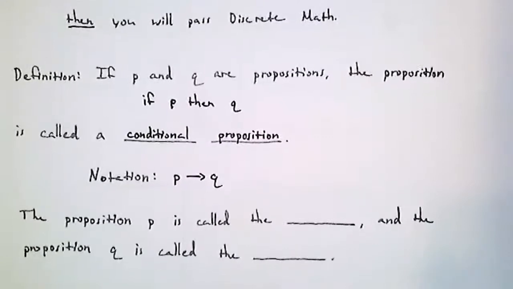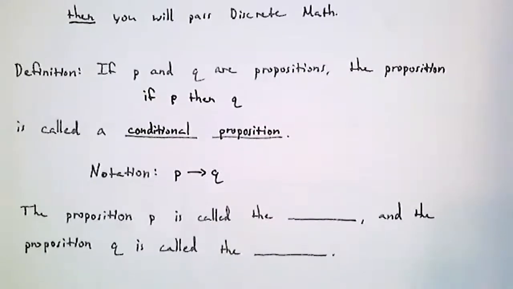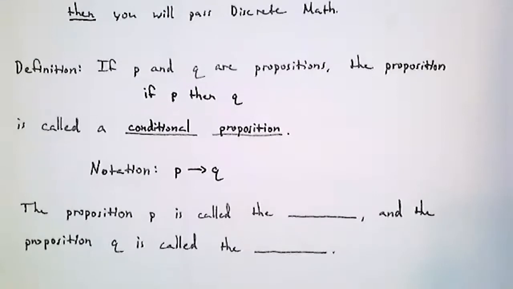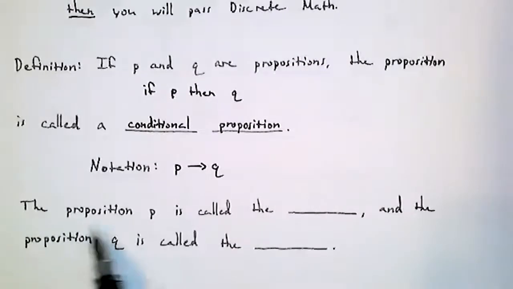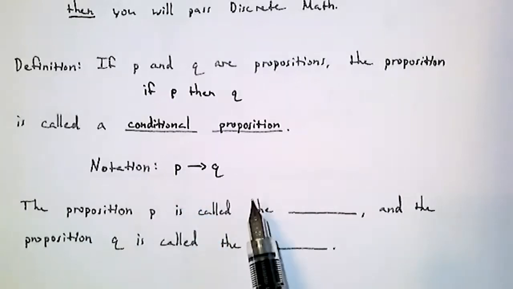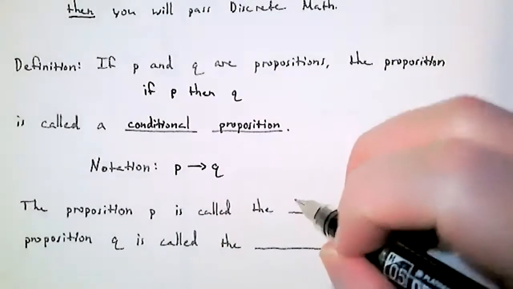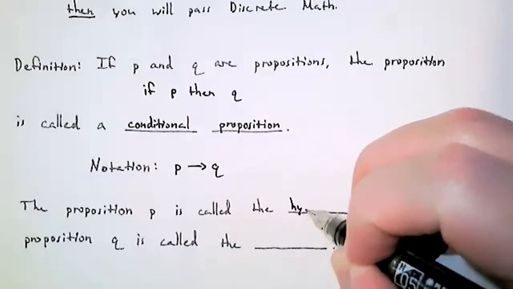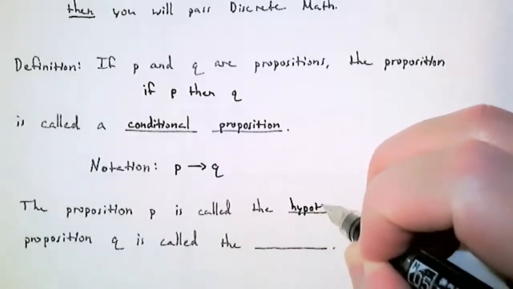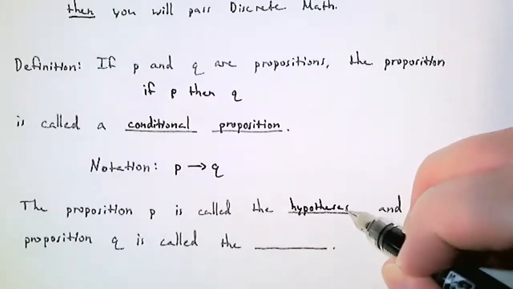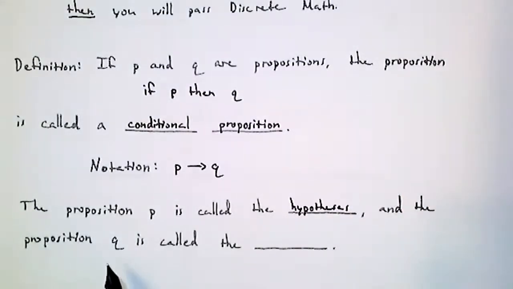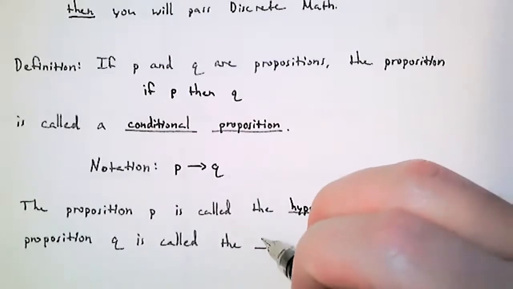And there's a few more words that you'll see come up when we're talking about conditional propositions. The first proposition, P, is sometimes called the hypothesis. And the proposition Q, the second one, is often called the conclusion.